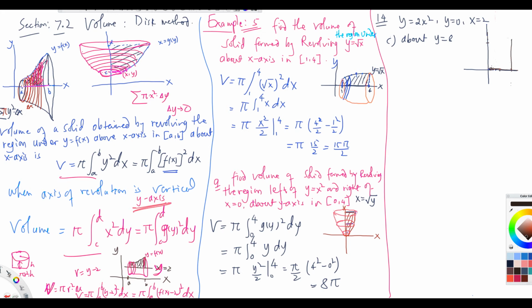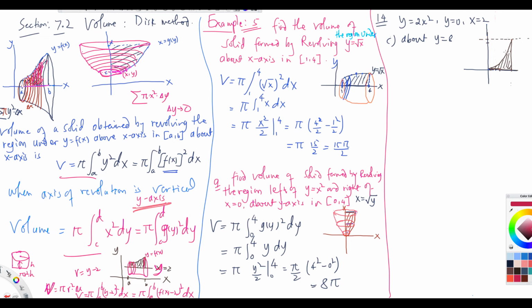So the graph will look like this. This is y equals 2x squared, this is y equals 0, and you are revolving this region about a line. Let us say that this line is y equals 2. So how does that picture look?